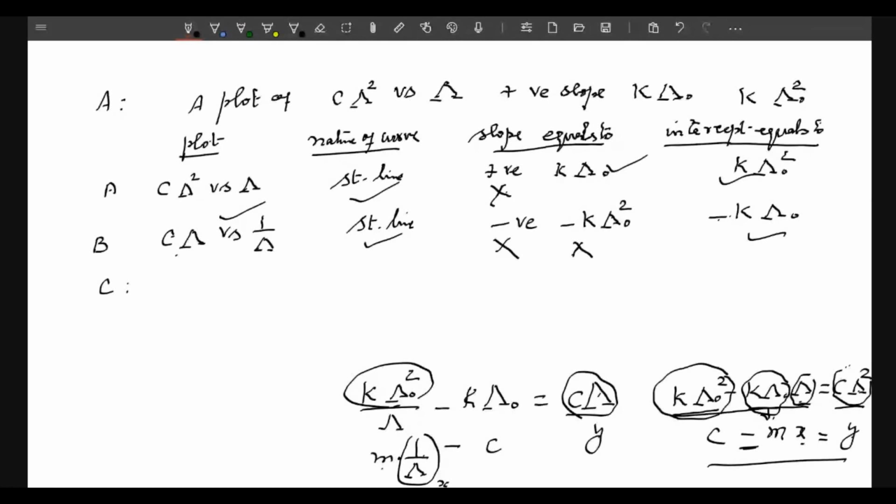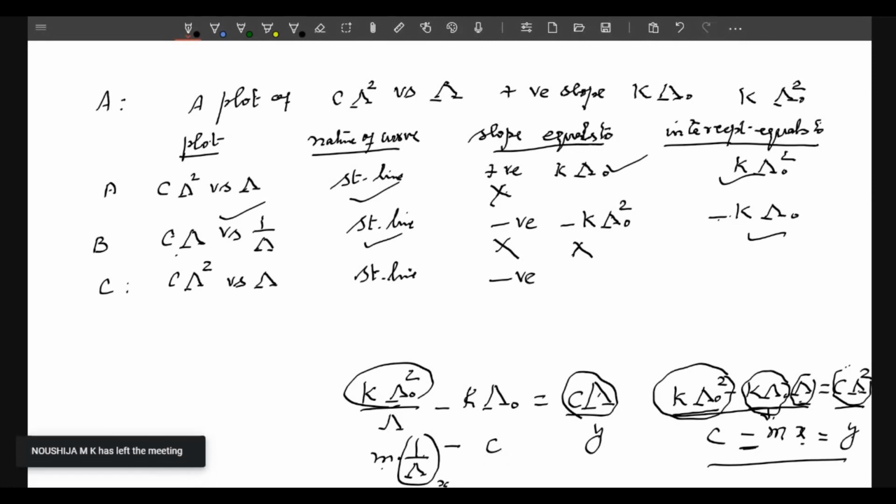Next is C. A plot of C lambda square versus lambda gives a straight line, with a negative slope equal to minus K lambda naught, and intercept equal to K lambda naught square.